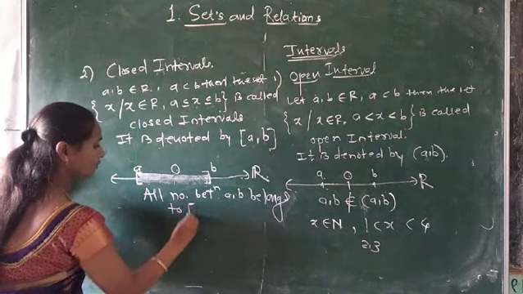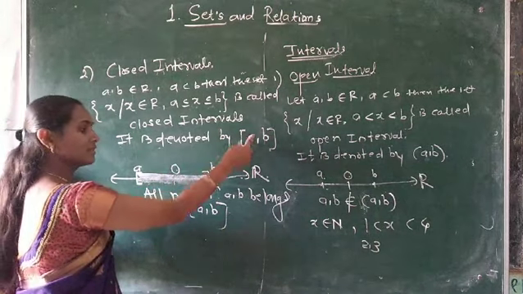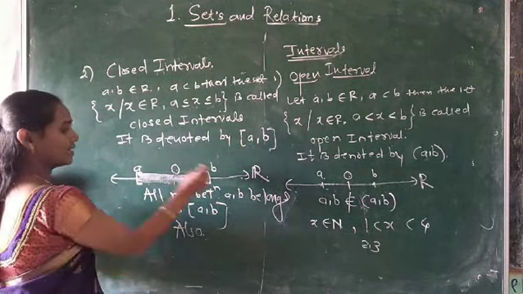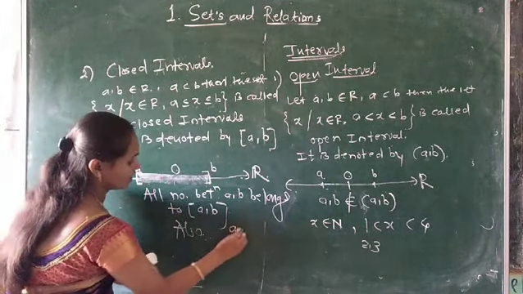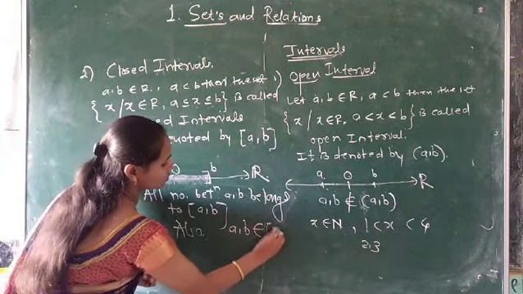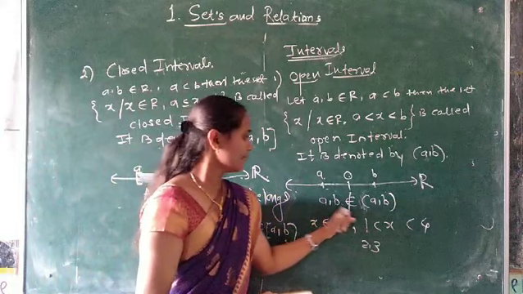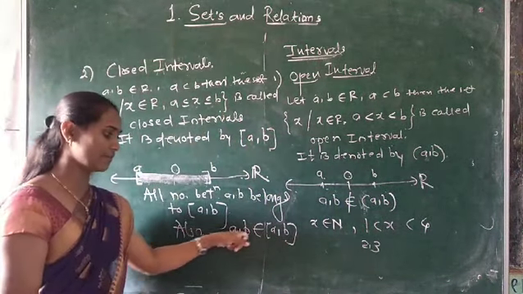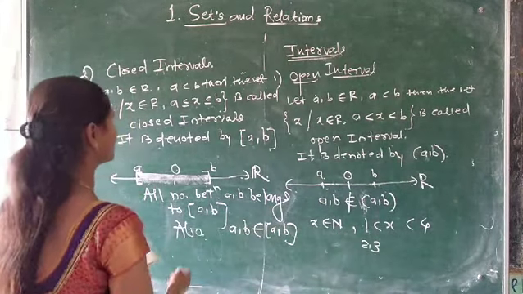All the numbers between A and B will certainly be in it. Also, A and B themselves are included in that set. Also A, B belong to closed AB. Here A, B do not belong to open AB, and in a closed interval A, B belong to closed AB. Suppose I take one example.